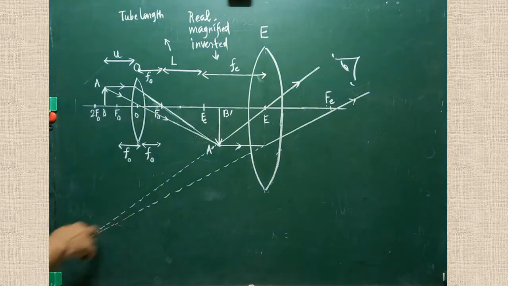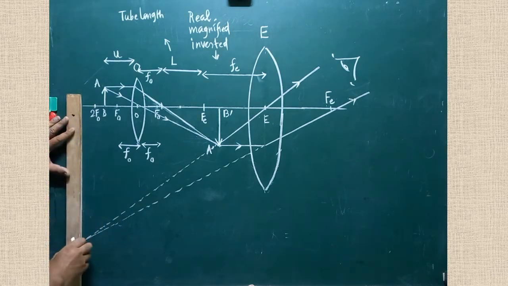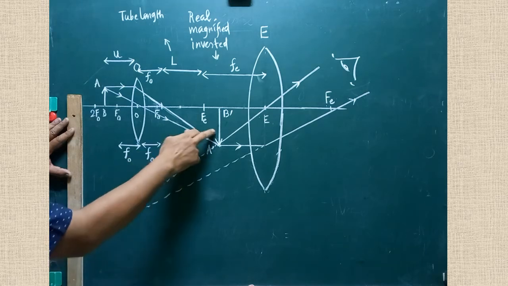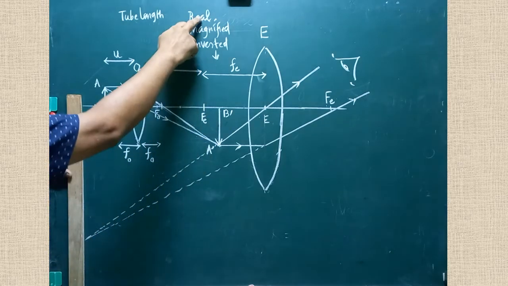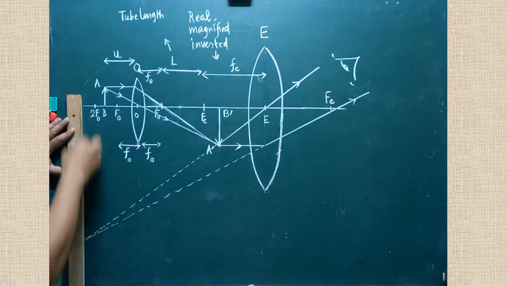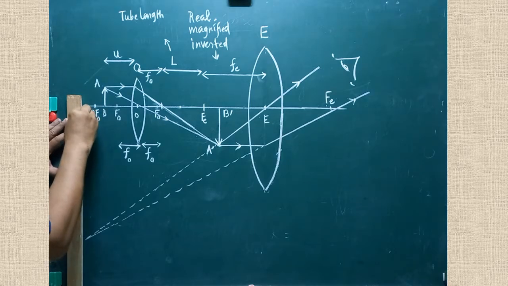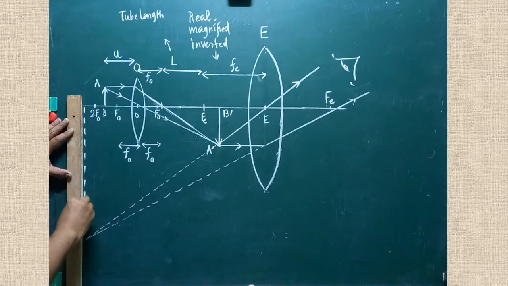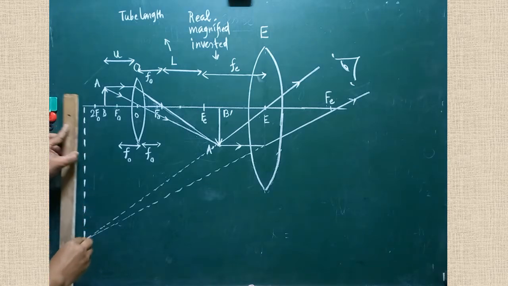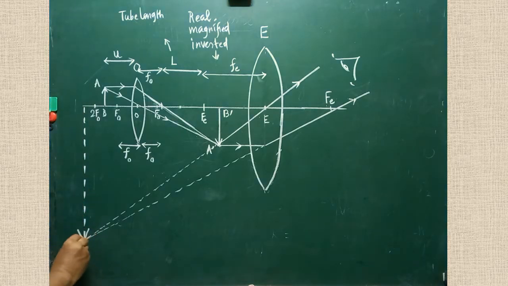Why is it drawn in dotted line? Because you are going to get the virtual image. This image's nature is real, magnified and inverted. The final image will be a virtual image. To represent the virtual image, you have to draw the dotted line. And the nature of the final image will be virtual.